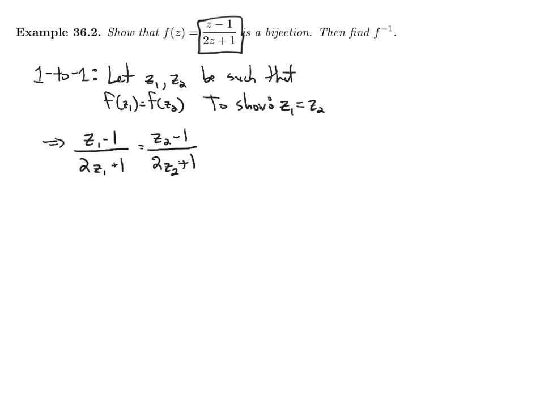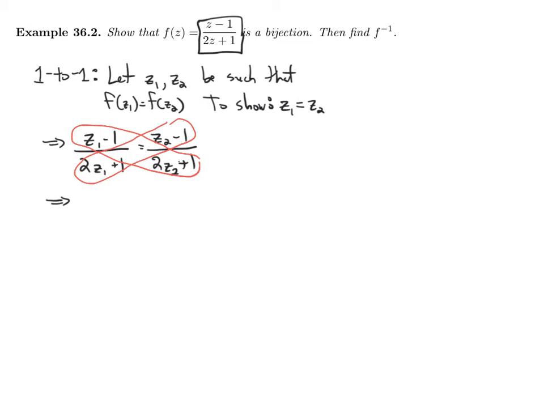Now, let's cross multiply so we can get rid of that denominator. We're thinking that we're going to set our domains here so that we're never going to have to worry about this being 0. So we'll talk about that in a little bit. But for now, let's cross multiply. I'm just going to do this fairly quickly.